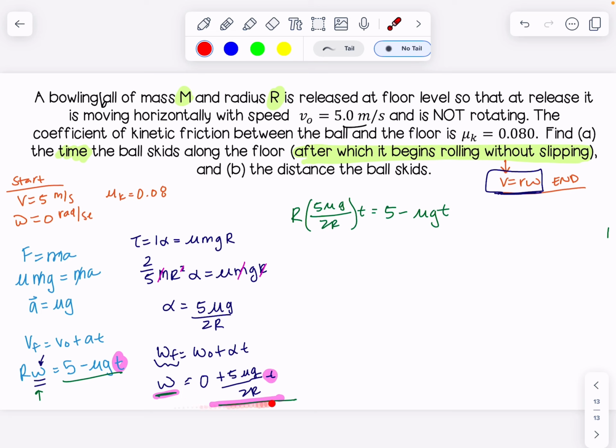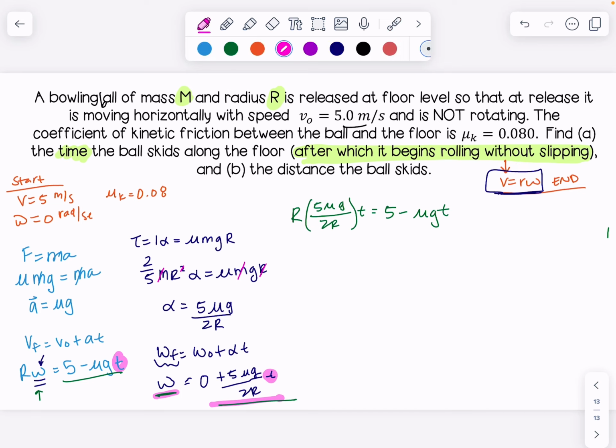So I took my two kinematic equations, my one from translational, my one from rotation, and I put them together with the understanding that after this same time, this is my expression for omega, and at this point, omega r will be equal to my velocity.